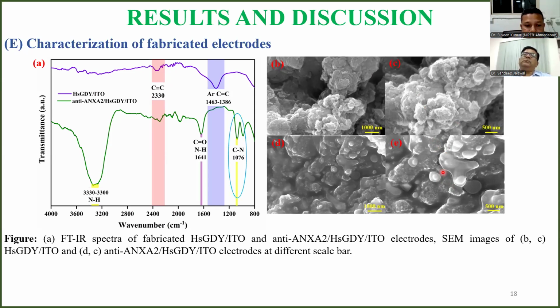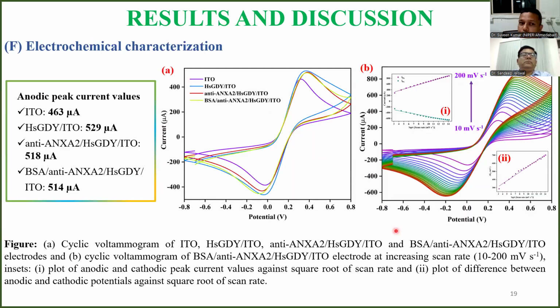Along with this one, we have done electrochemical characterization. Several techniques were used, but here we have discussed only two: cyclic voltammetry and differential pulse voltammetry.